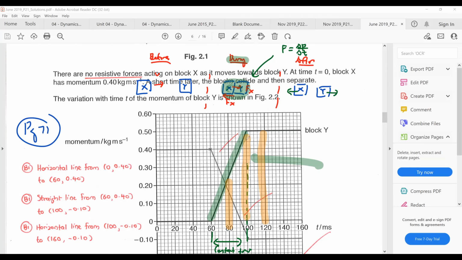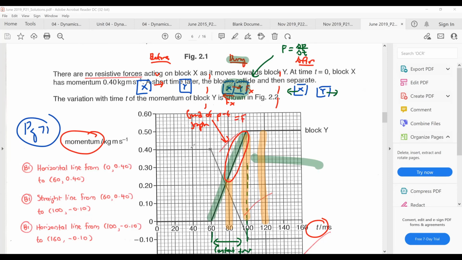Now you see this one here, this is a graph of momentum versus time. Recall that I mentioned to you that the gradient of a p-t graph is actually equal to force.